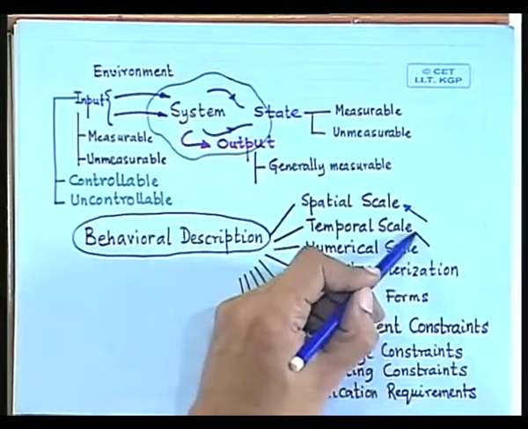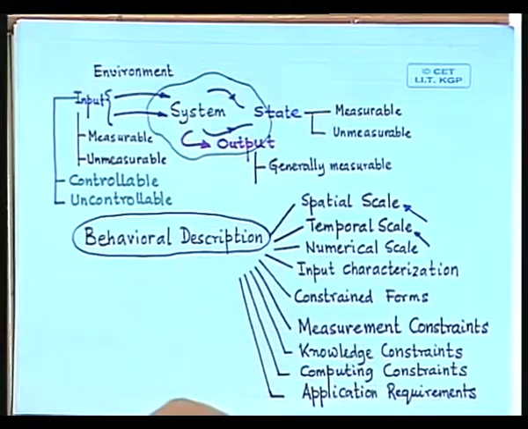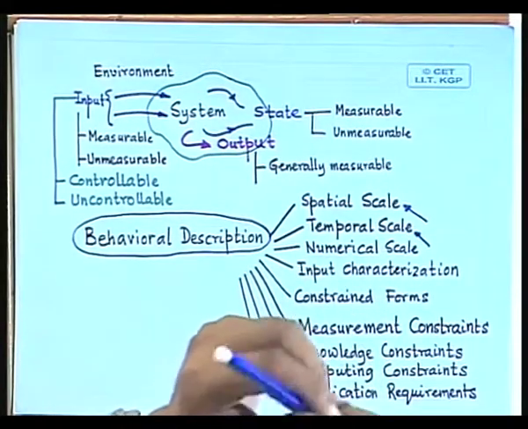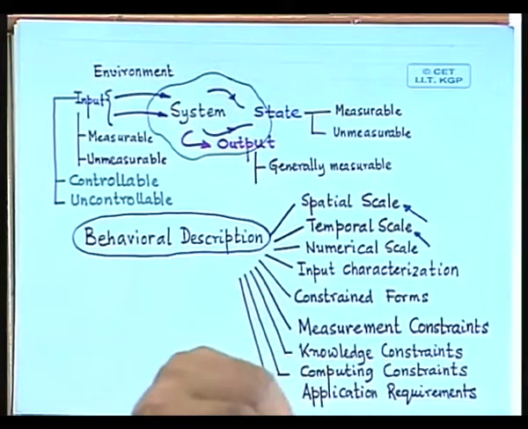Similarly, it depends on temporal scale. For example, if we have a clocked digital system, then we are only interested in the state of the system at certain points of time. For example, in our discrete time model, we are only saying x(k+1) = A x(k) + B u(k). So this model describes the system behavior only at certain points of time, kT, (k+1)T. What happens in between? We are not interested.